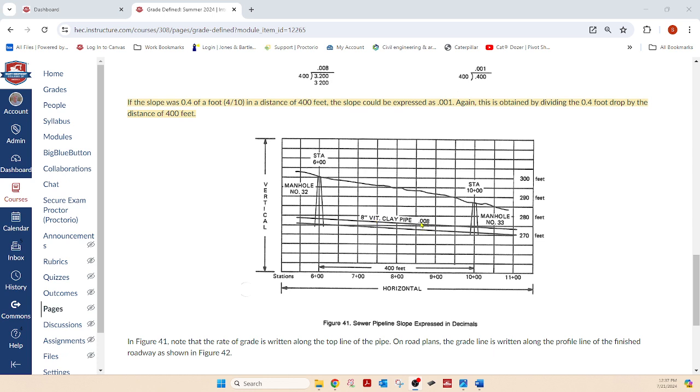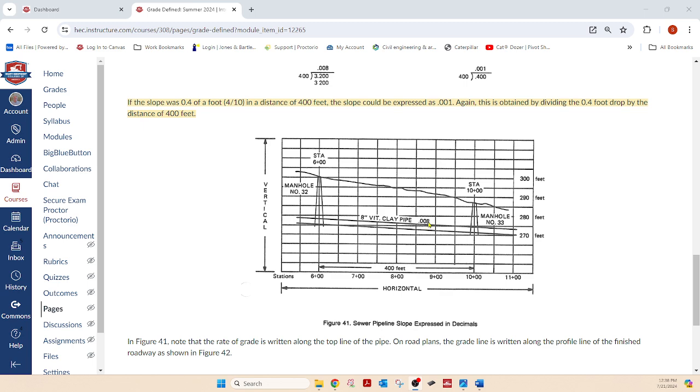It's saying this fall is 0.008. We're talking about the same 400 feet, and you can see it goes from 600 to 1,000 right here, so there's your 400 feet. So this pipe is going to be put in here at a rate or fall of 0.008.